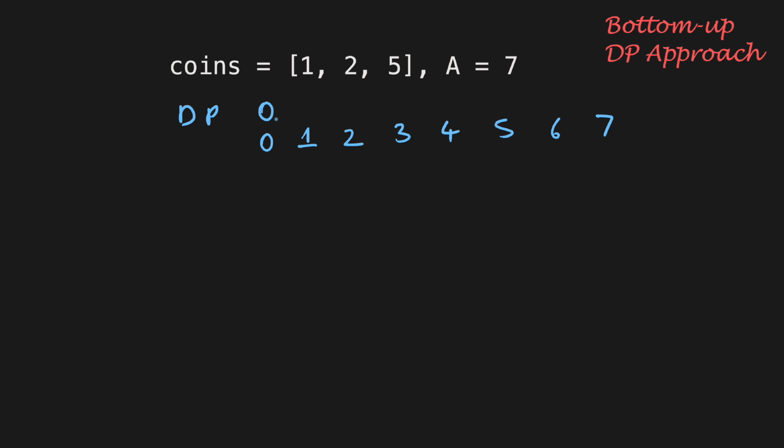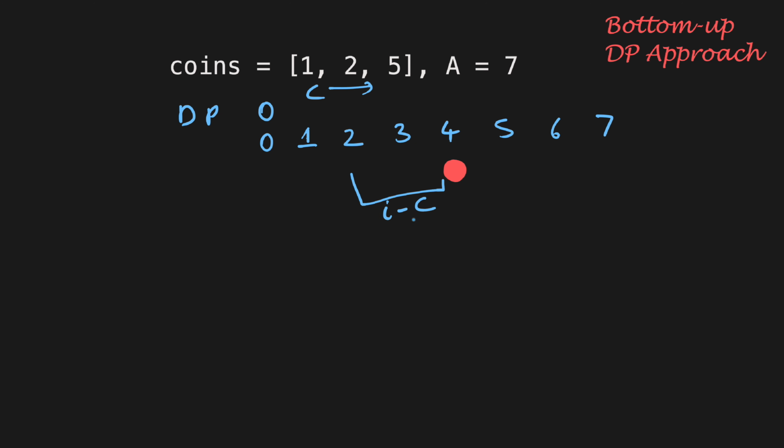Now let's fill in the rest of the DP table. For each amount i, we compute DP of i by trying out every available coin c in the coins array. If we are using the coin c, then we look back in the DP table to see the minimum number of coins required to make the change for the amount i minus c.